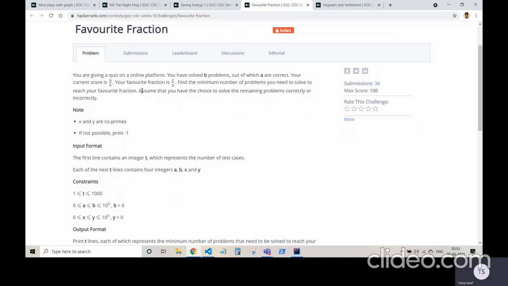For every next problem that we solve, we have the choice to either solve it correctly or incorrectly. It is given that x and y are co-primes, and if it is not possible to achieve this favorite fraction, then we are supposed to print -1.